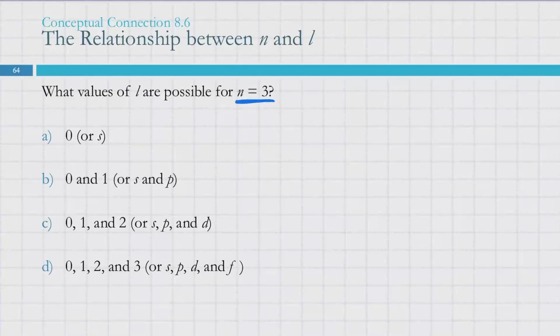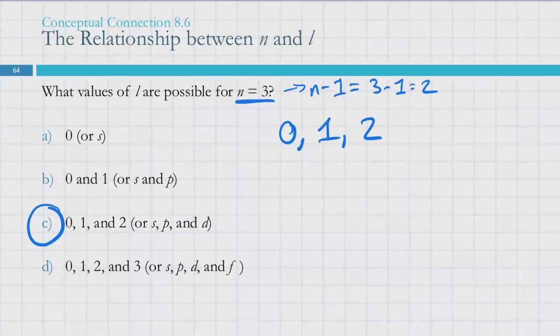We're always going to have 0 as an option. We've got 0. What's n minus 1? It equals 3 minus 1, which equals 2. So the counting numbers that we can get to from 0 to 2 are 0, 1, and 2. So C would be the correct option here.